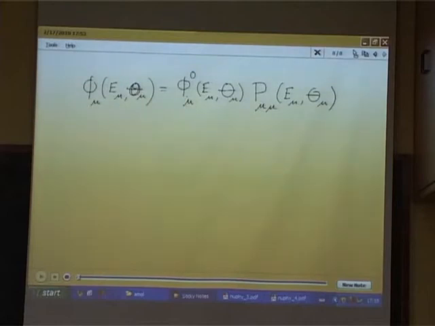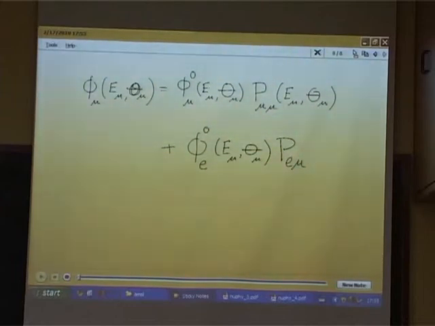Plus, there was an electron neutrino flux. So there was this flux of electron neutrinos, phi_e^0, a function of E and zenith, and then there was some probability that these electron neutrinos became muon neutrinos.